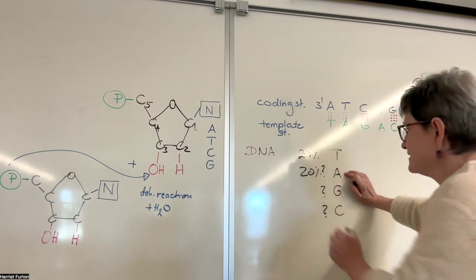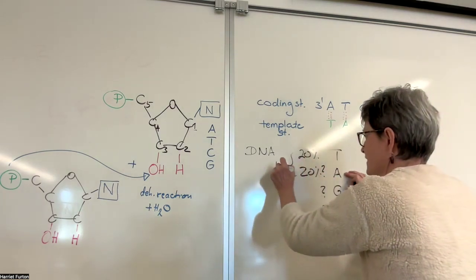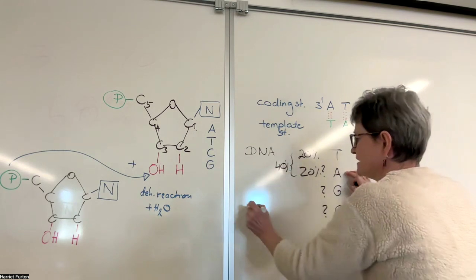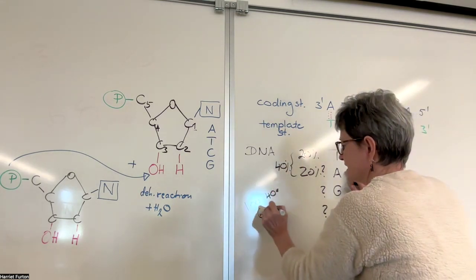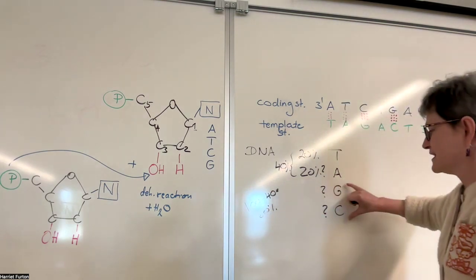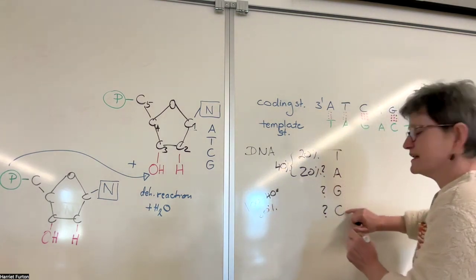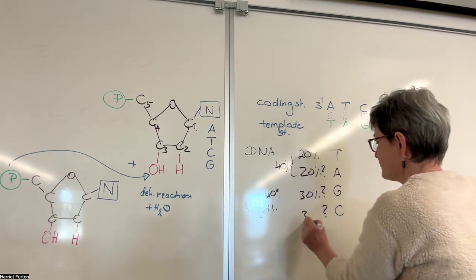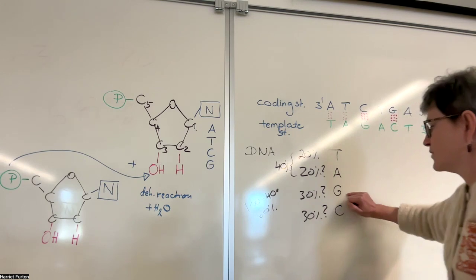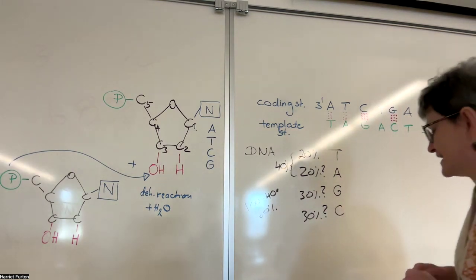Altogether, it's 40%. 100 minus 40 is 60%. So the 60% is between the guanine and the cytosine, divided by 2. So we can say we have 30% guanine and 30% cytosine in that DNA segment.